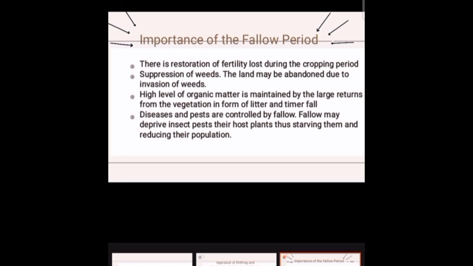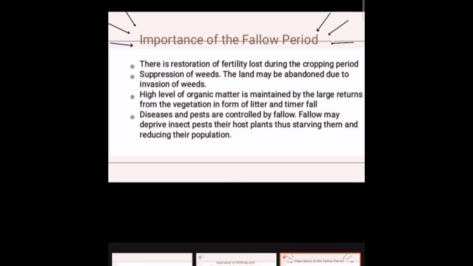The emerging vegetation and trees during fallow help to suppress weeds, in addition to recycling nutrients from deep in the profile. The third one is that a high level of organic matter is maintained by the large returns from the vegetation in the form of litter and timber fall.